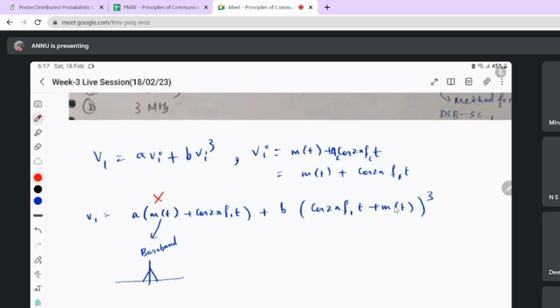No, right? Because here only f1 will be there. But will this be able to pass through a bandpass filter? So here you have to expand: b[cos 2 pi f1t cubed plus m(t) cubed]. Does anybody have any doubt?